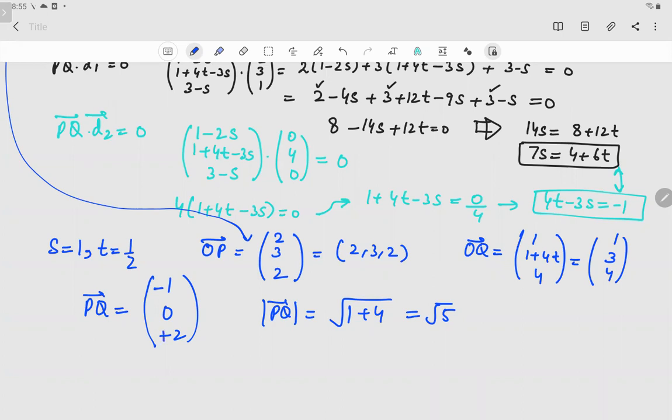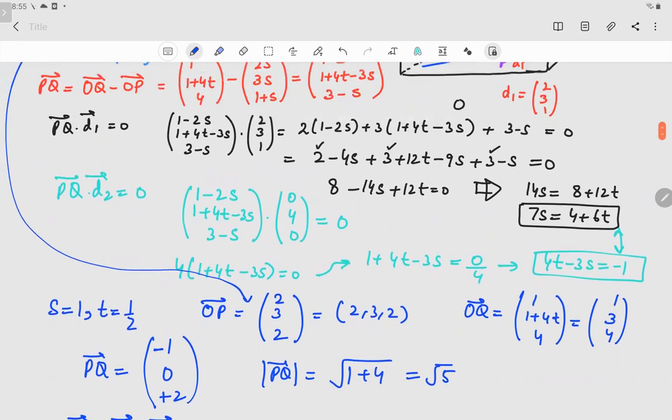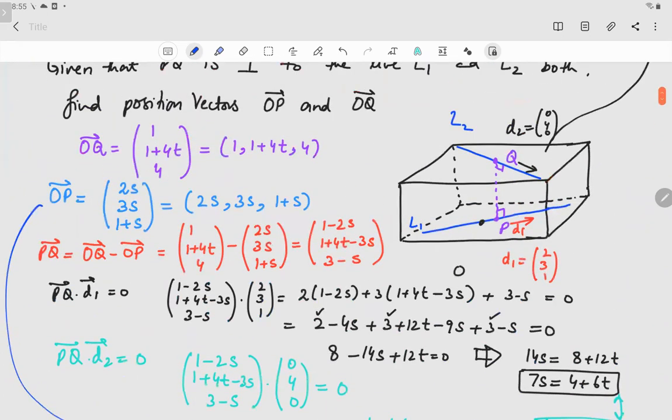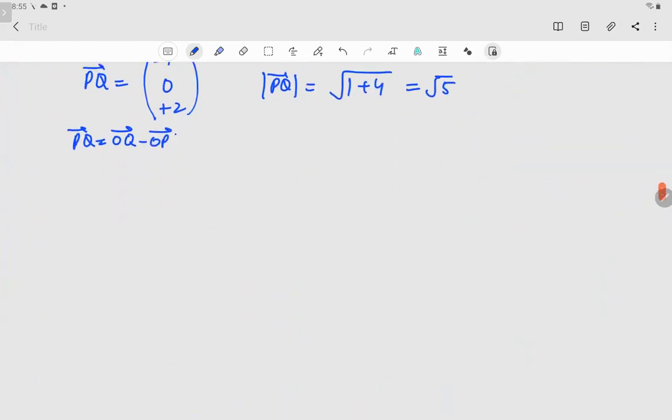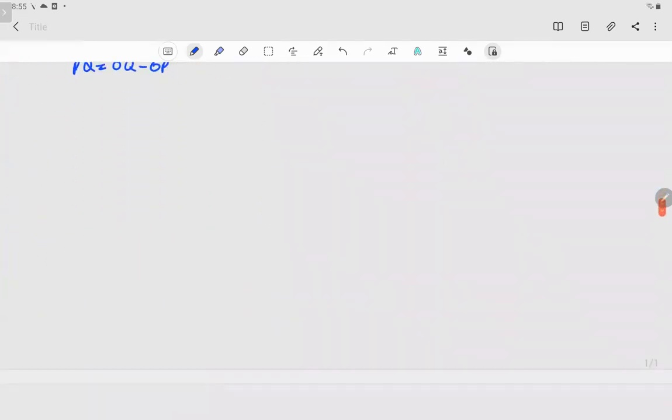Yes, you are right. Okay. I agree with you. PQ is equal to OQ minus OP. Okay. But you know, this is a lengthy method of finding the shortest perpendicular distance between the two skew lines.